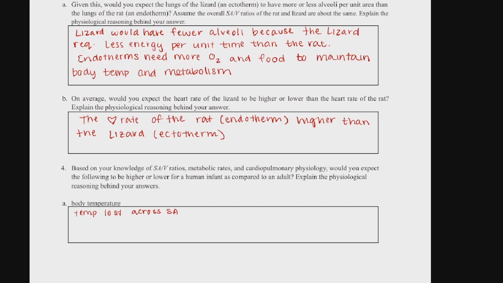Babies have a much higher surface area to volume ratio than an adult does. So the infant will tend to lose heat a lot more rapidly than an adult, and that's also the same for small warm-blooded animals compared to different species of the same kind. Like a Pomeranian dog versus a German Shepherd. The Pomeranian will likely lose more heat because of the higher surface area to volume ratio, because it's much smaller, across surface area. So infant has higher.